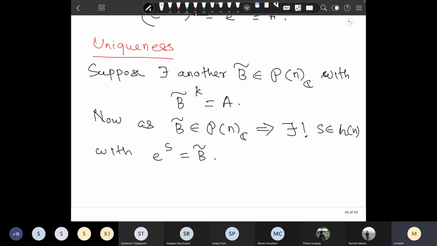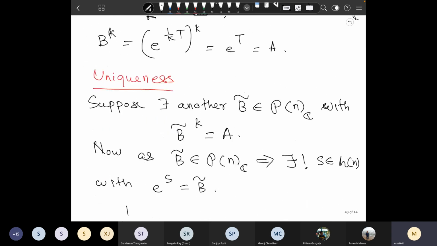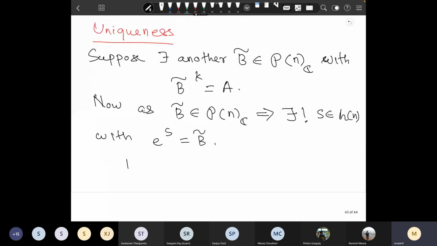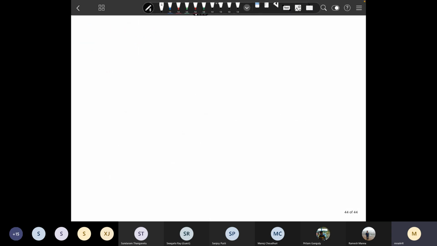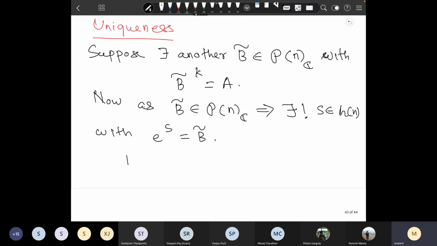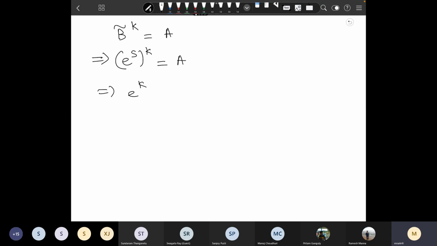Now I have this thing. This thing is clear, right? We have B tilde to the power k equal to A. From the previous page, B tilde is equal to e to the power S. So I will replace that: (e to the power S) to the power k is equal to A. So e to the power kS is equal to A.